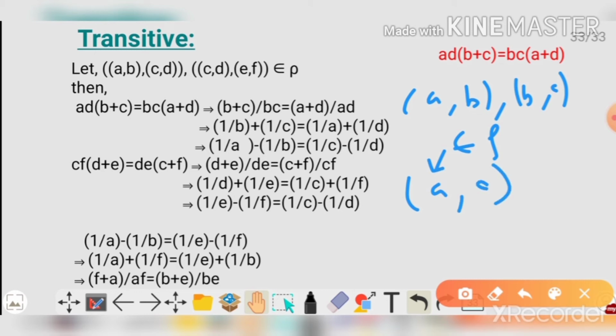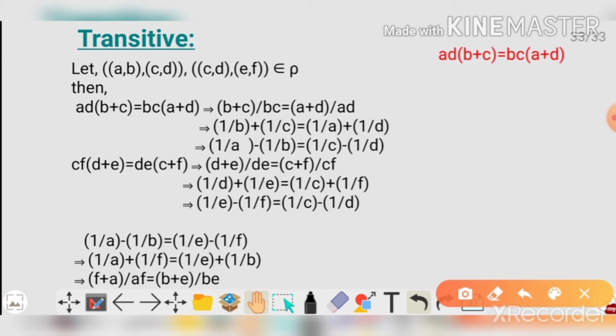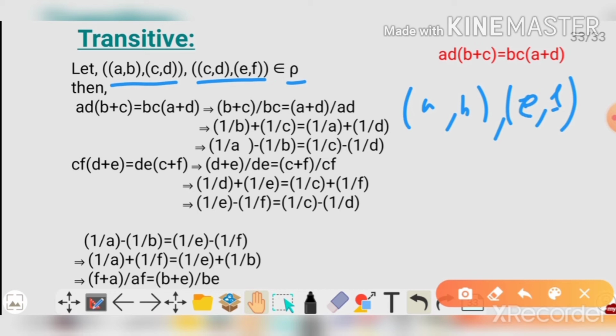So here we have taken two points, (a, b), (c, d) and (c, d), (e, f), and we will show that ((a, b), (e, f)) belongs to rho.